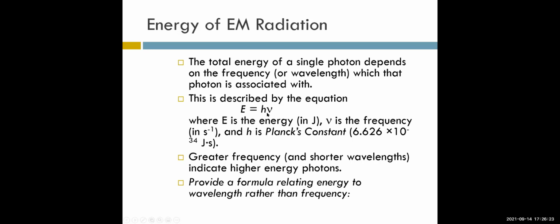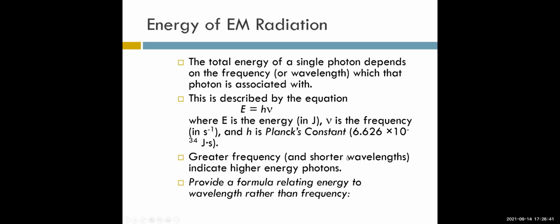This is the Greek letter nu, by the way. It looks like a V, but it's the Greek letter nu. Planck's constant is the smallest number we'll probably ever encounter, 6.626 times 10 to the minus 34 joules times seconds.